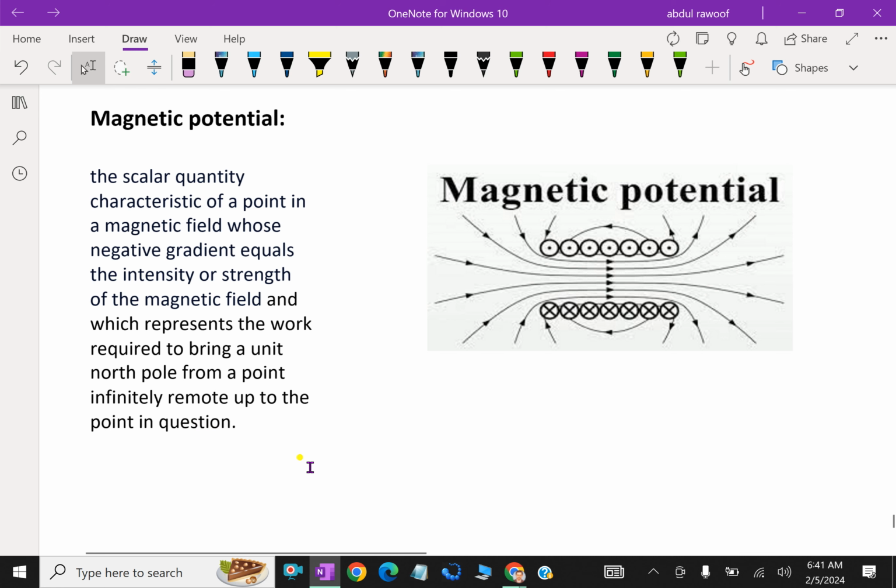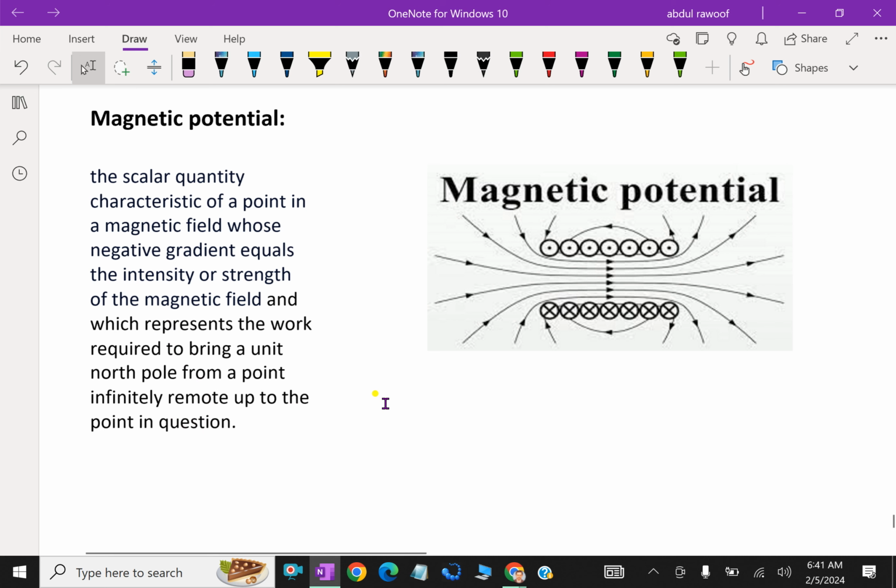That means we have to bring a charge from infinity to the north pole. It is called a magnetic potential.